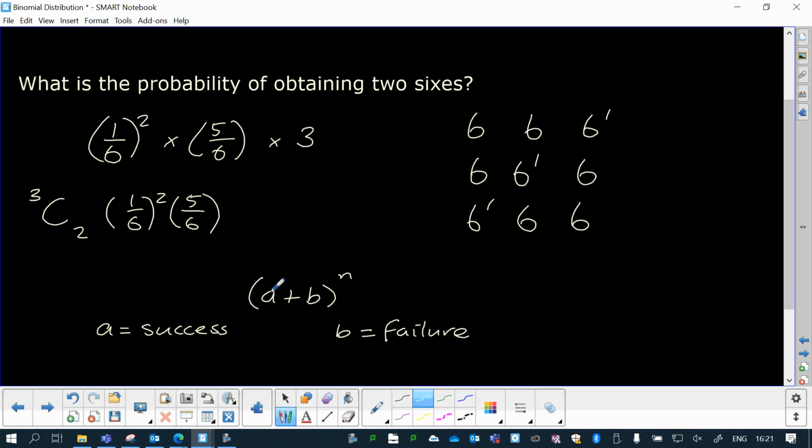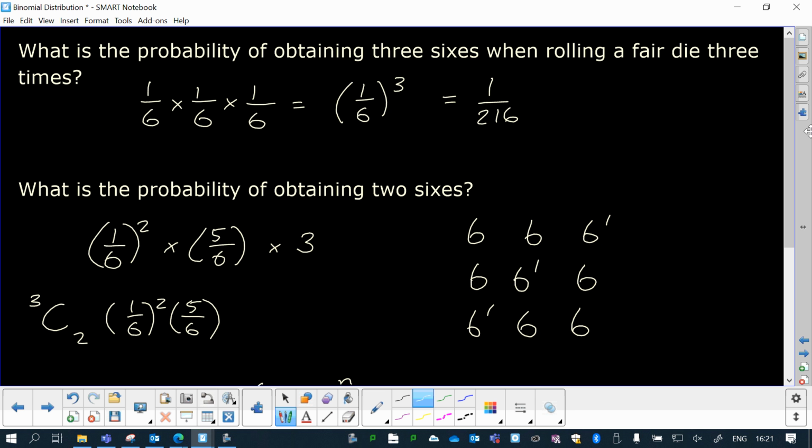And when we combine success and failure together, we get 1, and 1 to the power of anything is just 1, because what's the overall probability of everything after you've exhausted all possibilities? Is 1. Right? So we're going to use that. That's it. It's the binomial expansion, but instead of letters, you've got probabilities.